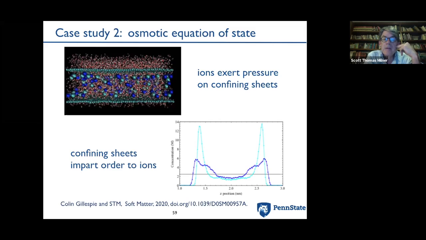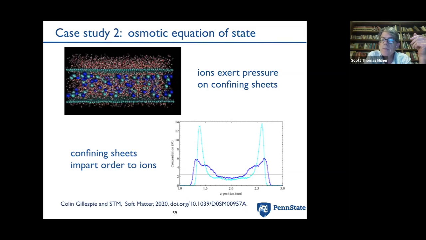And so this is a somewhat fraught way of measuring osmotic pressure, with the additional problem that if you want to measure an osmotic equation of state, you've got to vary the number of ions in between those sheets, or equivalently vary the distance between the sheets. So to get a whole osmotic pressure curve requires a whole series of simulations.